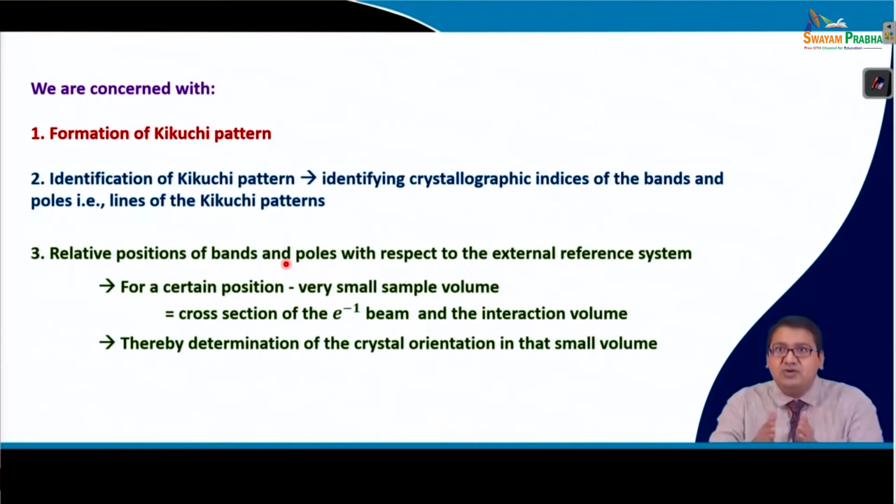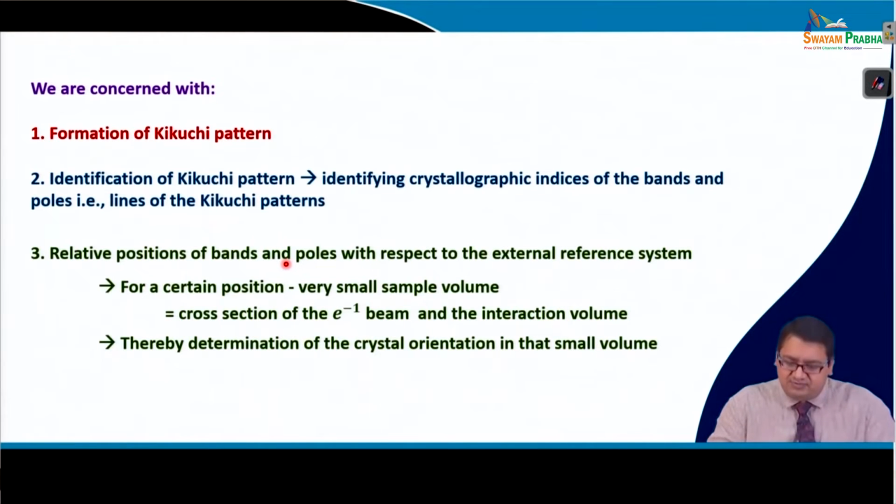So, scanning of the whole sample volume, first it is scanned like this 1, 2, 3, 4, 5, 6, and then it goes to the next step 1, 2, 3, 4, and then the whole area is scanned to obtain Kikuchi pattern from that whole area, which may differ in some cases and which may not differ in some other cases. So, you see the electron beam is basically rastered on a subjected small sample area to obtain the information of the microstructure like this.